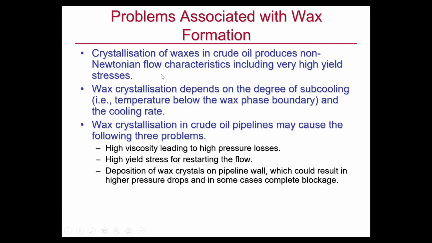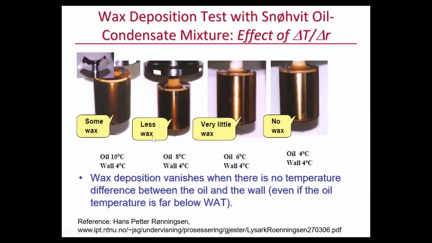And as I said, wax deposition reduces the diameter of the pipeline. One interesting point is that wax formation is an exothermic process. So wax normally deposits on the internal pipeline wall.